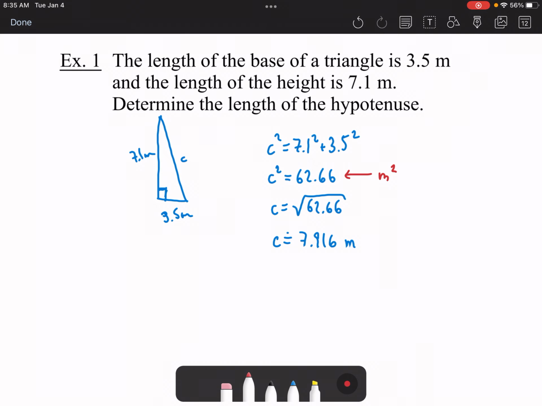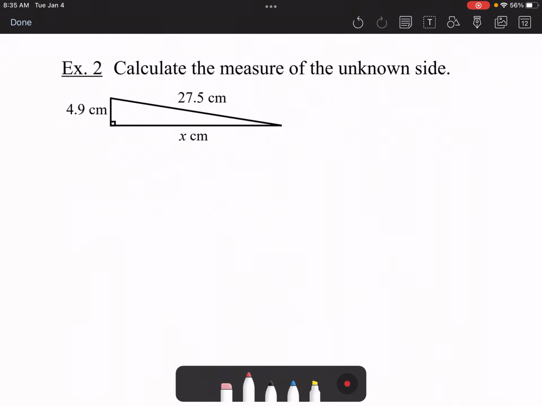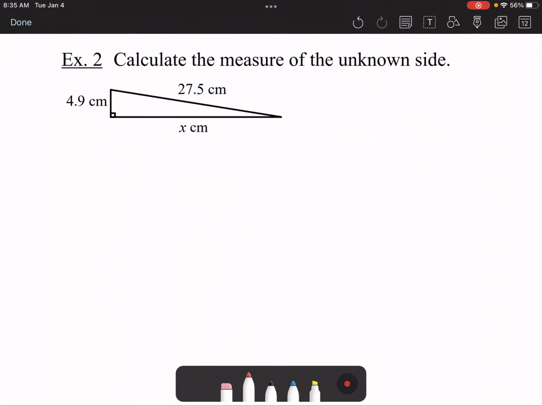Okay, let's try that again, finding a different length. Here we're going to calculate the measure of the unknown side. This time, it's the base length. So again, the hypotenuse, square that value, and equate that to one length squared plus the other length squared.